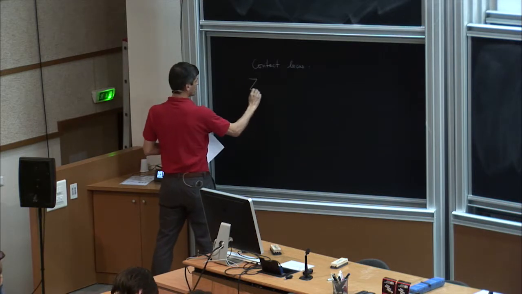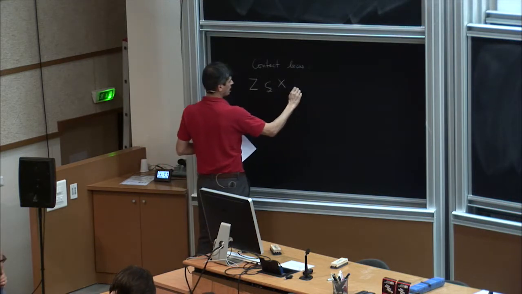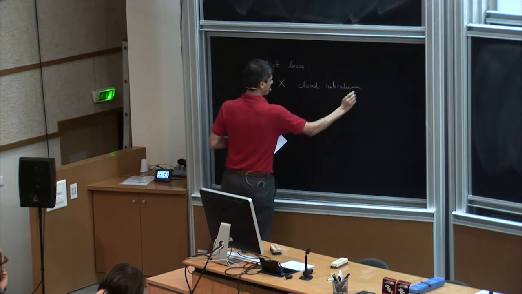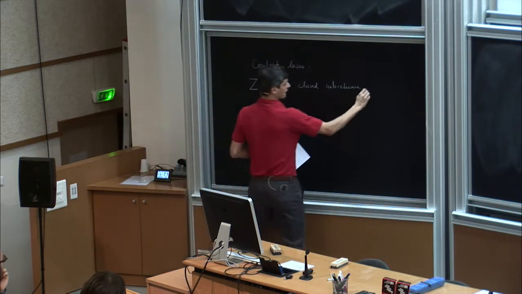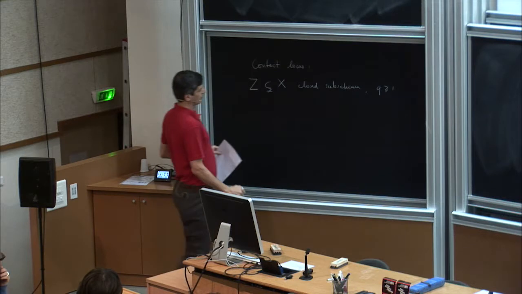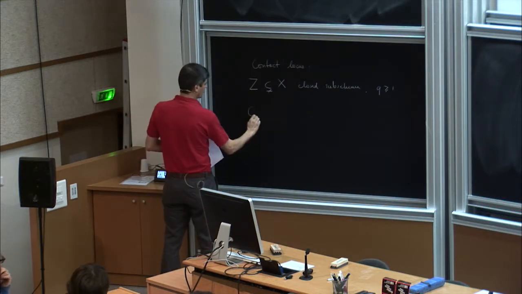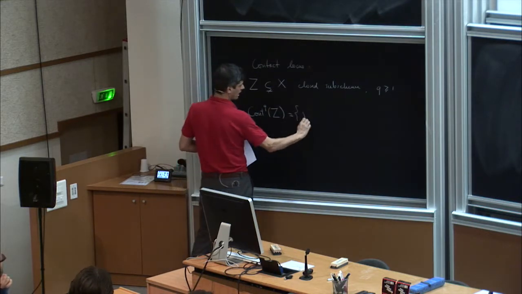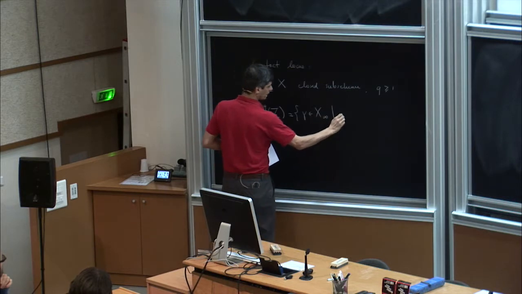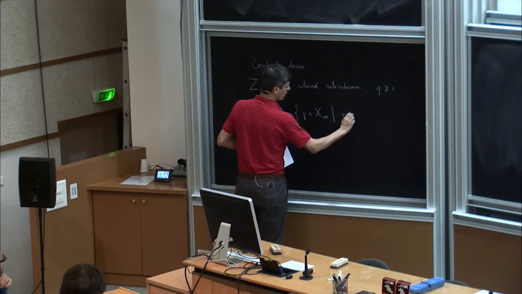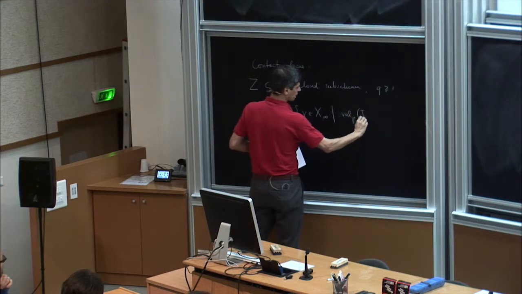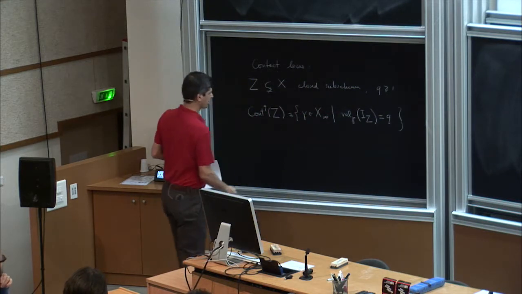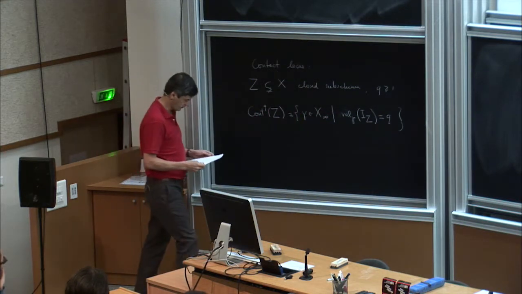Suppose that I have Z inside X, a closed subscheme, and again I fix some integer Q. I can consider the contact locus of order Q associated to Z. It is the set of arcs gamma inside X_infinity such that the order of vanishing, or if you like, the valuation defined by gamma, evaluated on the ideal sheaf of Z, is exactly equal to Q. So this is a subset in the arc space.